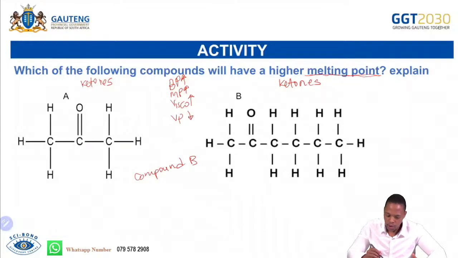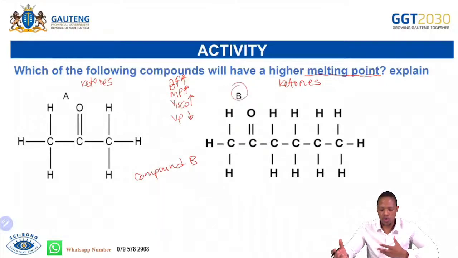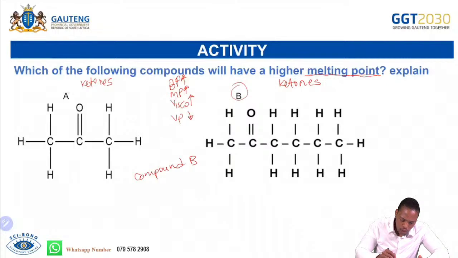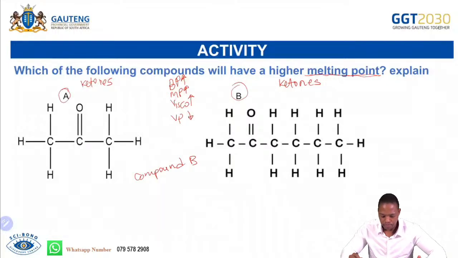You can answer this question in terms of saying it as compound B. Usually I go for that one, but it could also be answered in terms of compound A. Remember, you have chosen compound B as the one with the higher melting point, but your reasoning can be based on compound A. Why are you saying compound A?